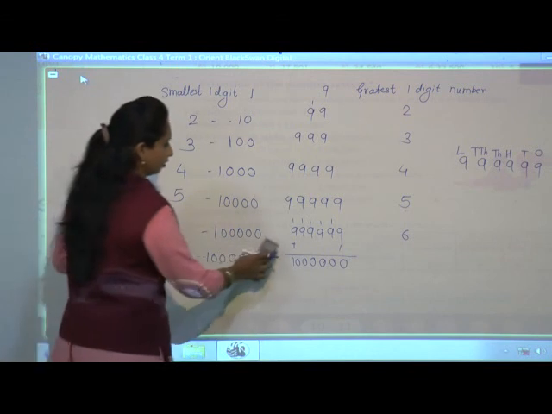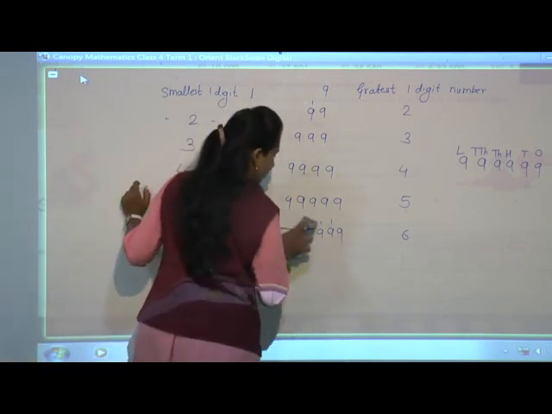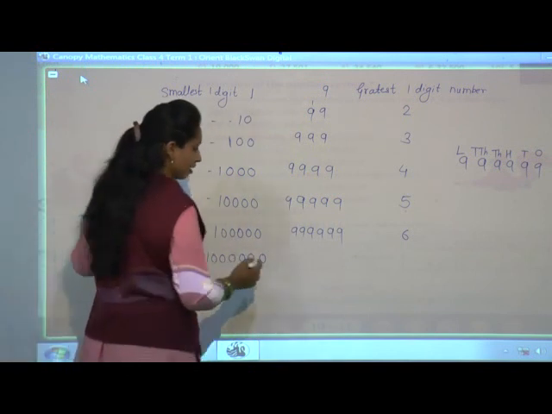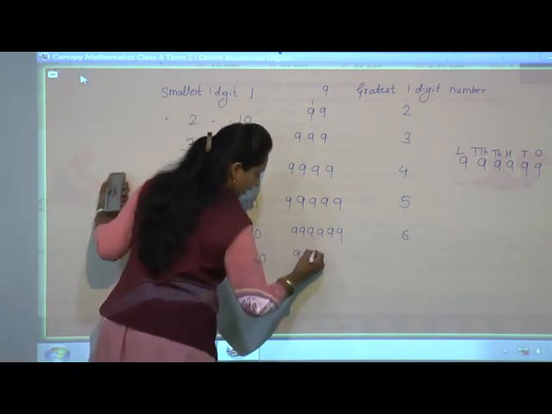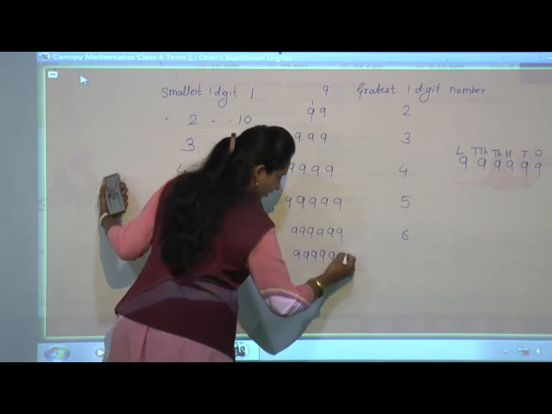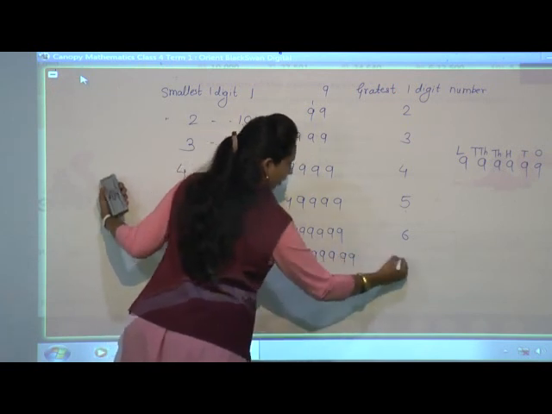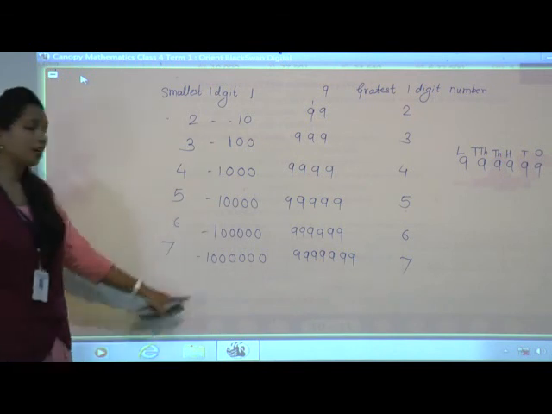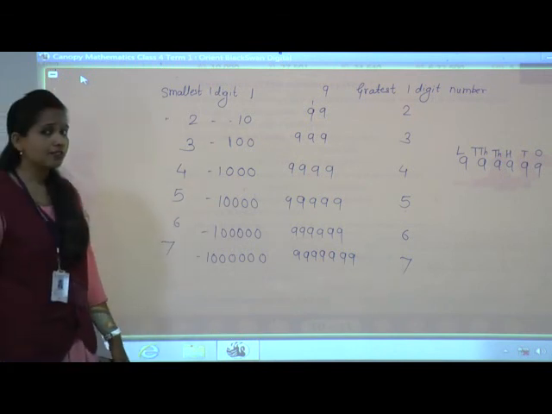Now what is the greatest 7 digit number? Same, what is the greatest digit? 9. So write 9 seven times. Now how to read this?